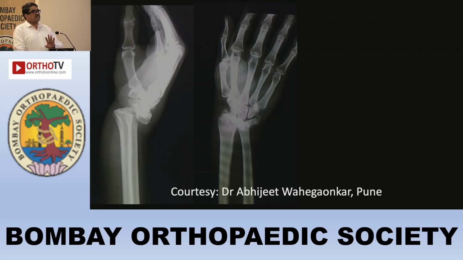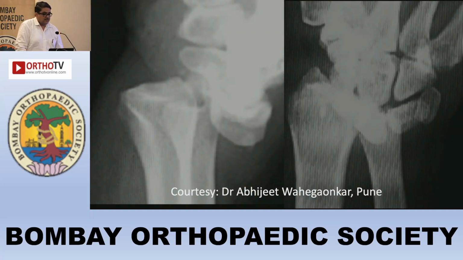Most of these are reducible but highly unstable. So the best way to assess this injury is to assess them under anesthesia, reduce it, and then plan your fixation. Okay. So you can see that the styloid is missing. Okay. The styloid fragment.